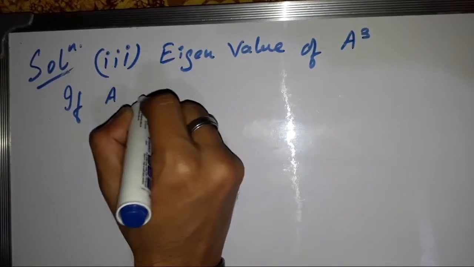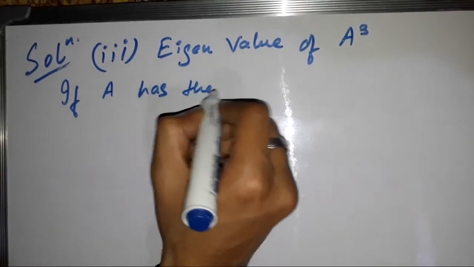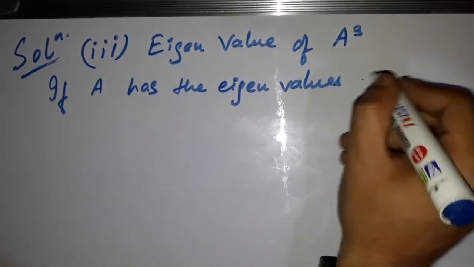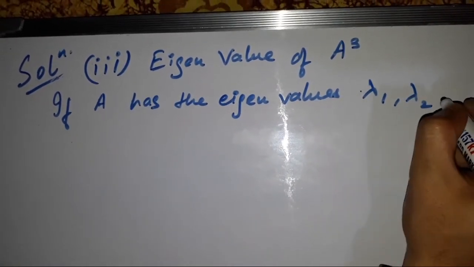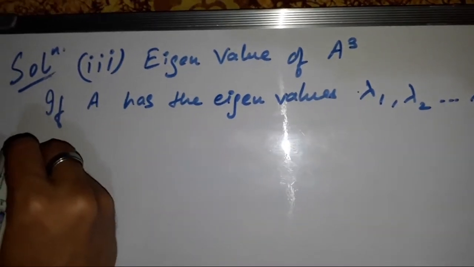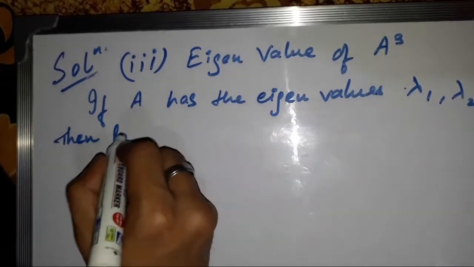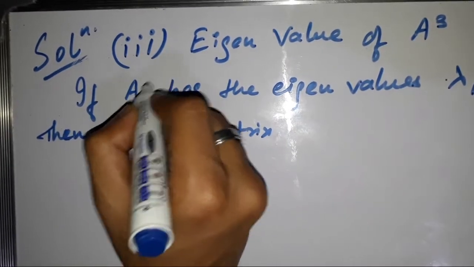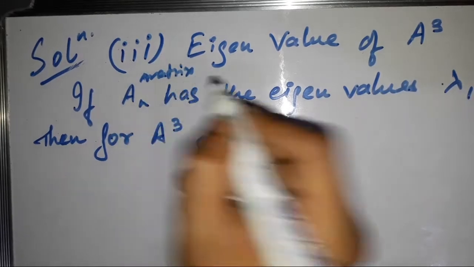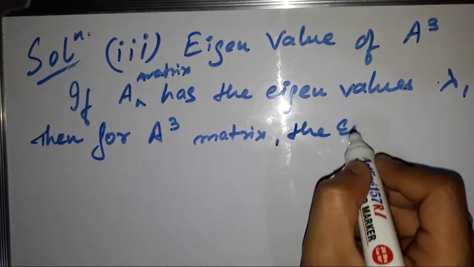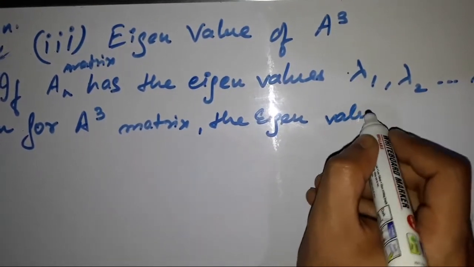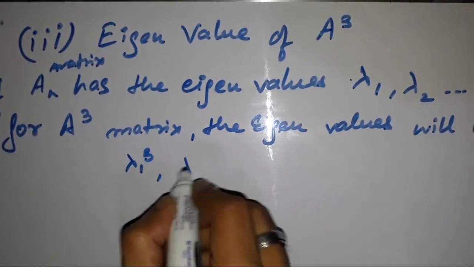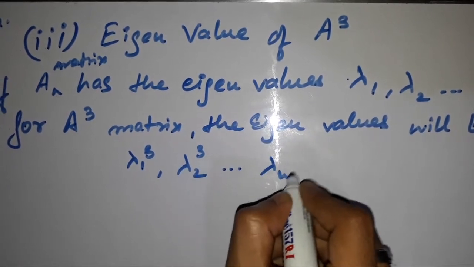If matrix A has the eigenvalues lambda 1, lambda 2, lambda n, then for the A cube matrix, the eigenvalues will be lambda 1 cube, lambda 2 cube and lambda n cube.